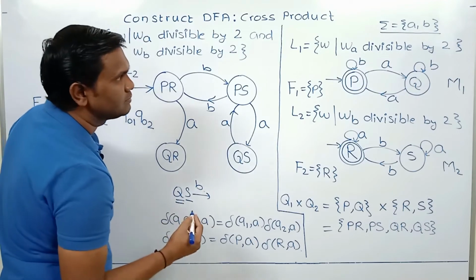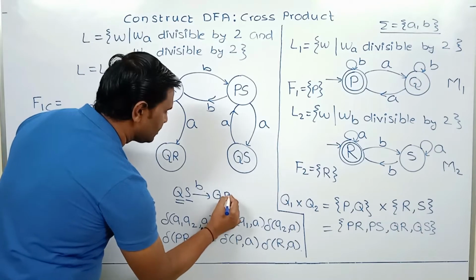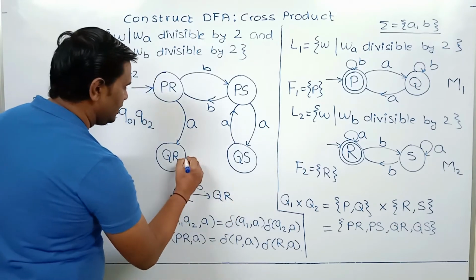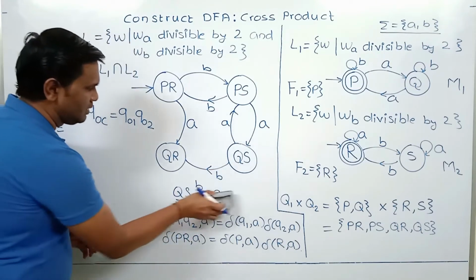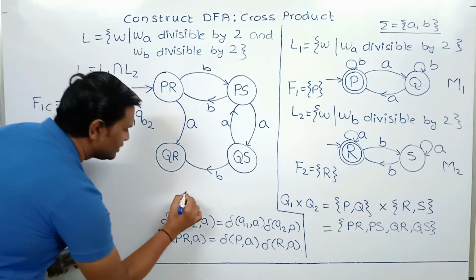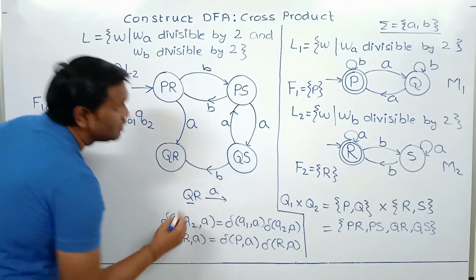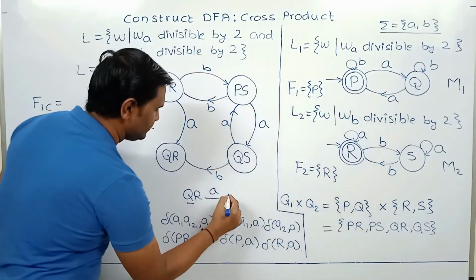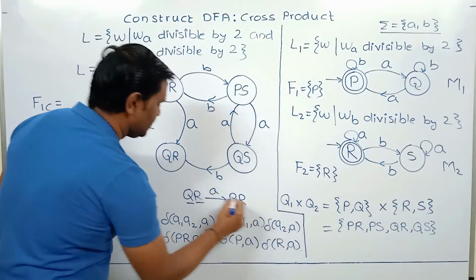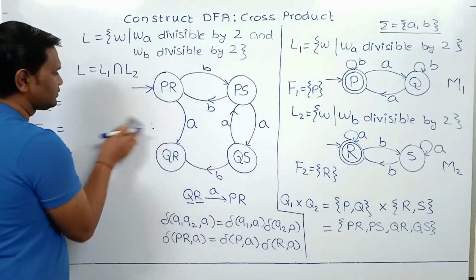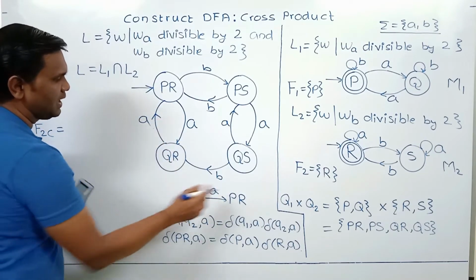Q on B goes to Q, S on B goes to R, so QS on B goes to QR. Now consider state QR. Q on A goes to P and R on A goes to R. So QR on A goes to PR.